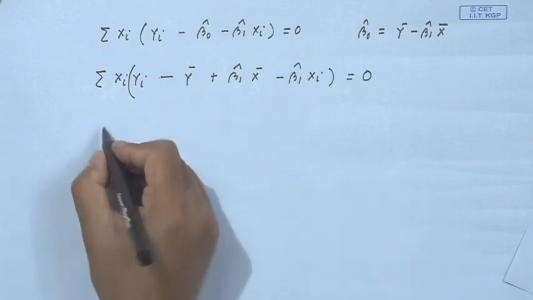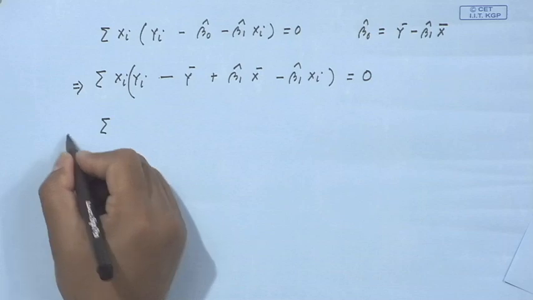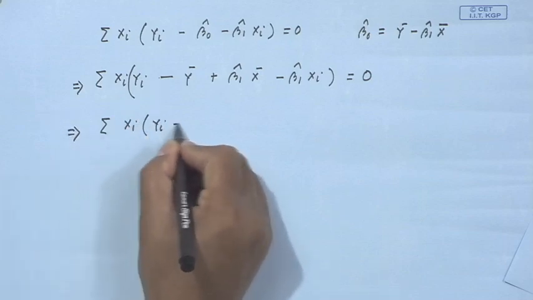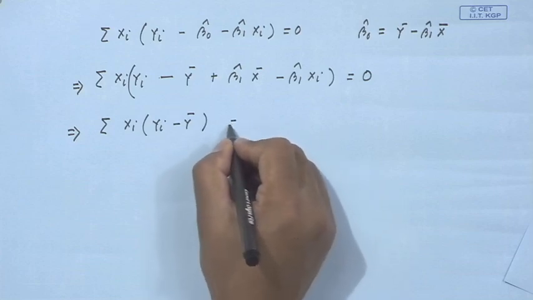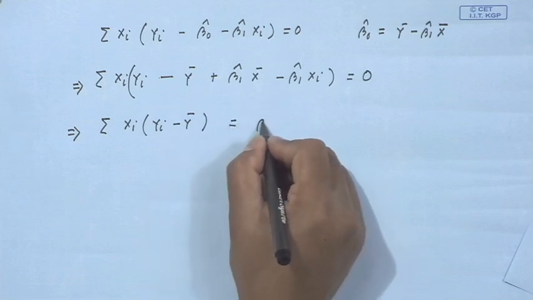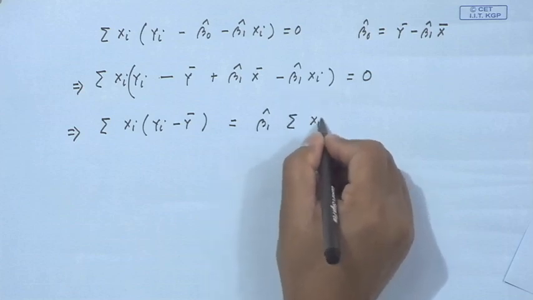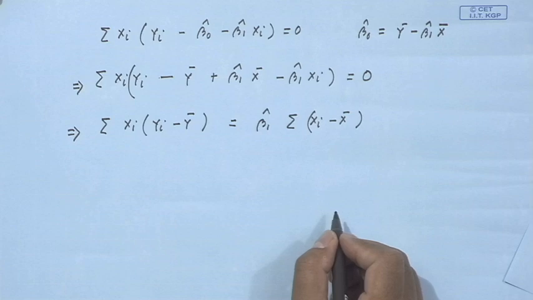So, from here I can write summation x I into y I minus y bar is equal to beta 1 hat summation x I minus x bar. I hope you understand this one.